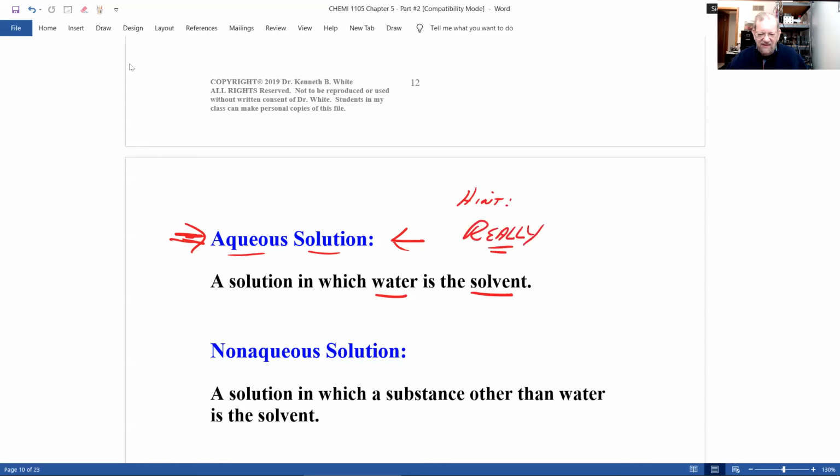So an aqueous solution is a solution in which water is the solvent.